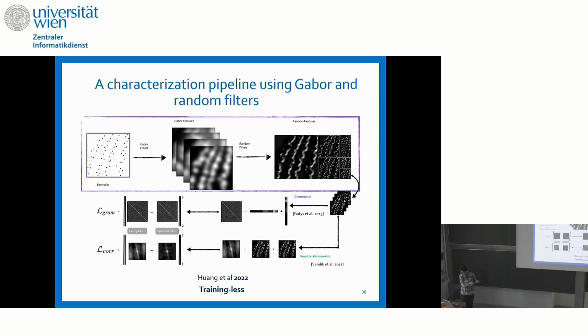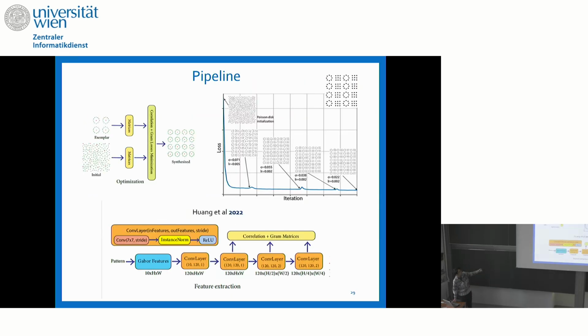The idea is that at the end of this process, we will come up with those two loss functions that are sufficient for us to do this optimization from the very initial Poisson disk initialization toward the final result of synthesized distribution. As you can see, it allows even to come up with convincing results for structured data, something that we couldn't do before.